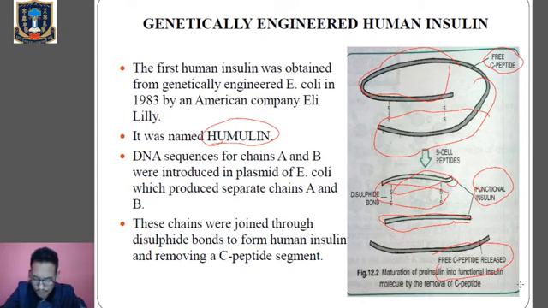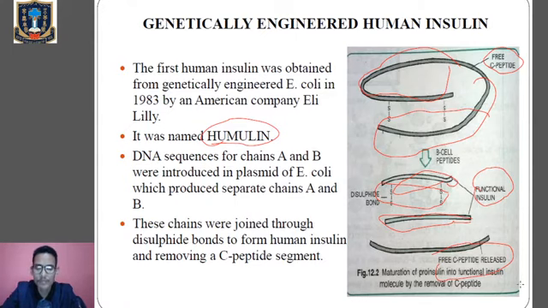Now the question comes over here, what is the difference between the insulin which is produced by the Eli Lilly company and the insulin which is produced within the body? Clear? These questions come in examinations.